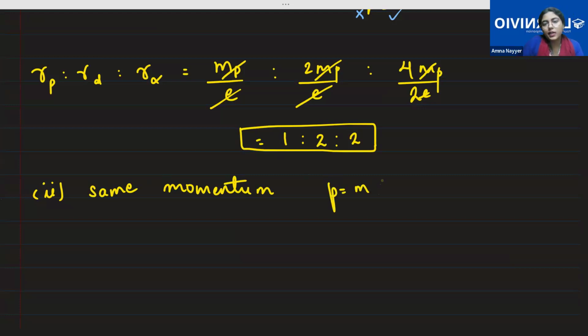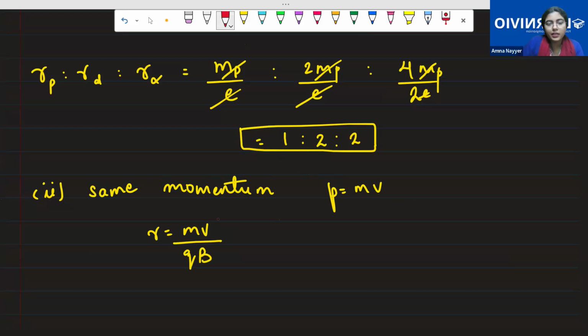Momentum is equal to mass into velocity. Now see, from the formula, R is equal to mv by qB. So mv is the momentum, so I can say R is equal to P by QB.